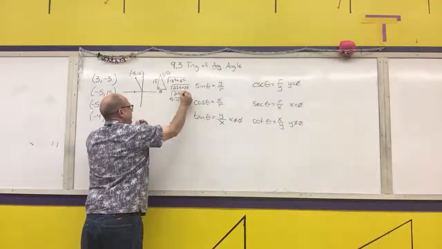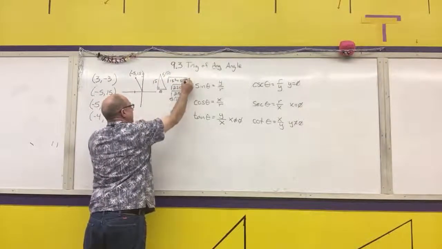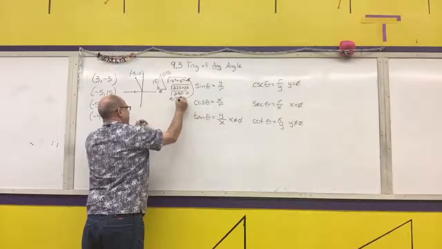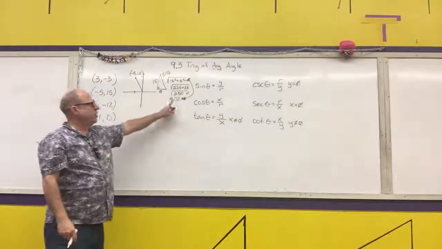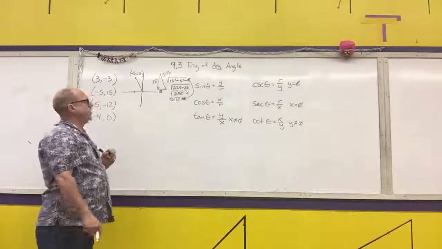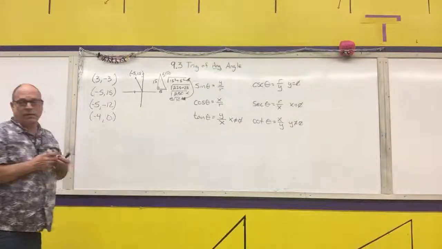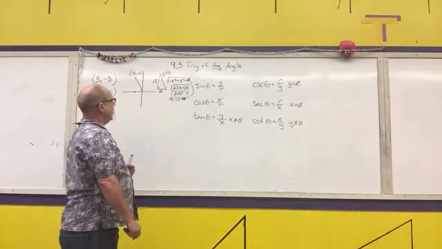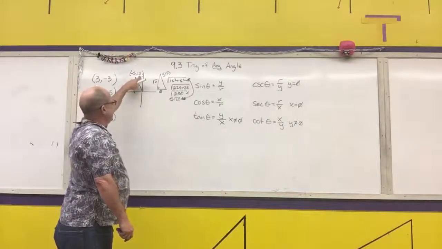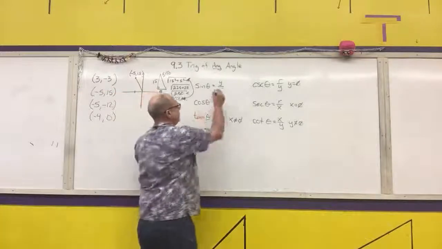You guys have a calculator where you could have stuck this in the calculator and it would have resulted in that result. On your semester final, there will be some no calculator questions where I expect you to give me this part as your answer. So the first one is the sine. Sine is y over r, 15 over 5 root 10.